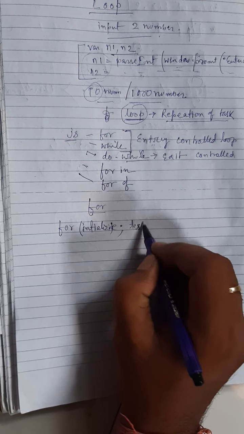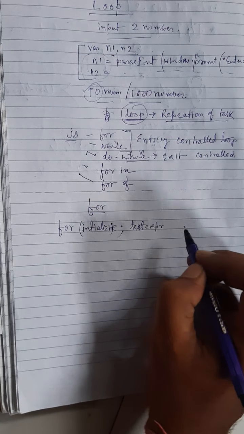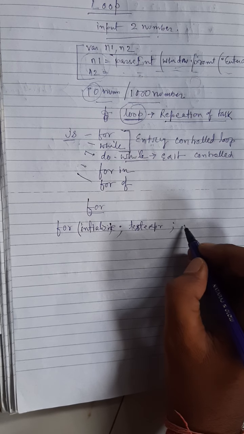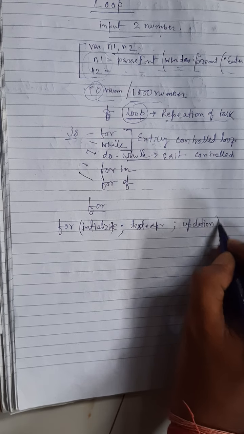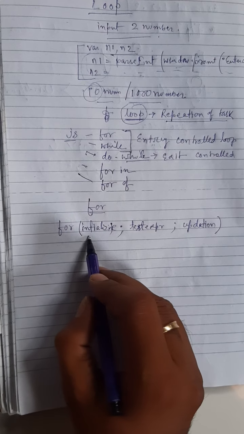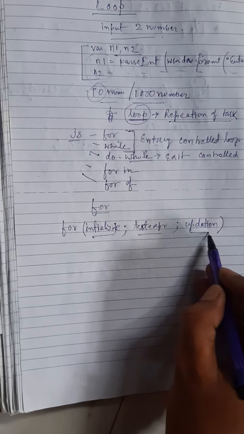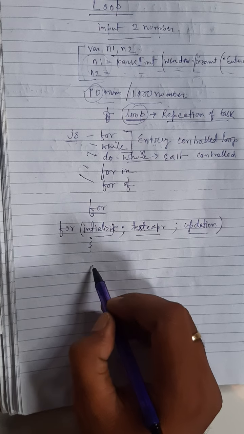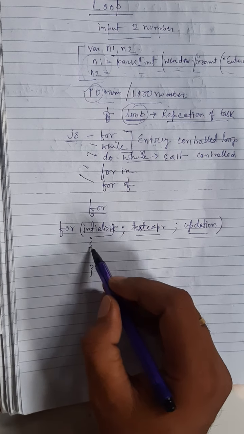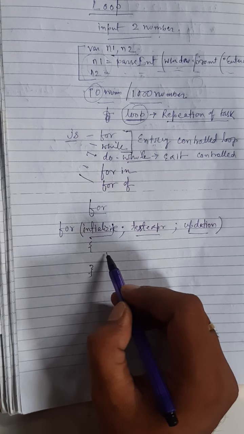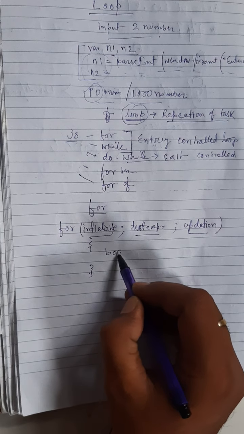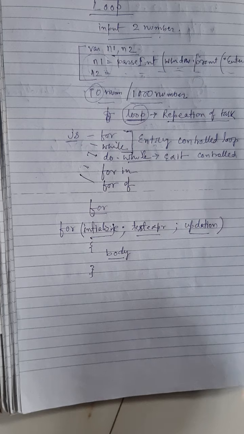Then the test expression, this is the second part, and the third part is updation. So there are 3 parts: initialization, test expression, updation. And after that, within the curly braces, we can write the body of the loop.